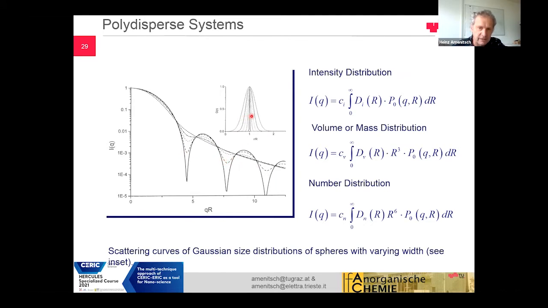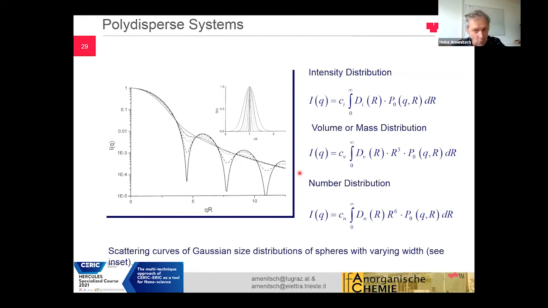And if you have, let's say, 20% polydispersity, you don't have any oscillation anymore. So here you lose all the information about the particle shape, but you can still get some information if you fix the particle shape. Usually it's a sphere, and then you can calculate the polydispersity of your sample, assuming spherical particles.